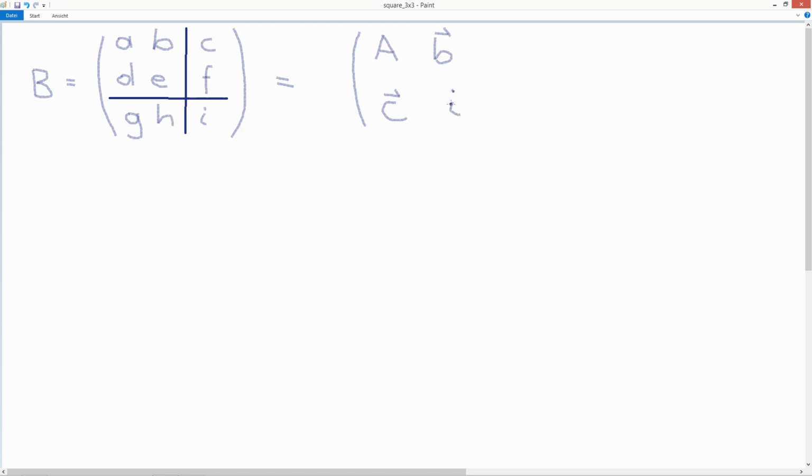Okay, so we have I here. Now we have this block matrix here.